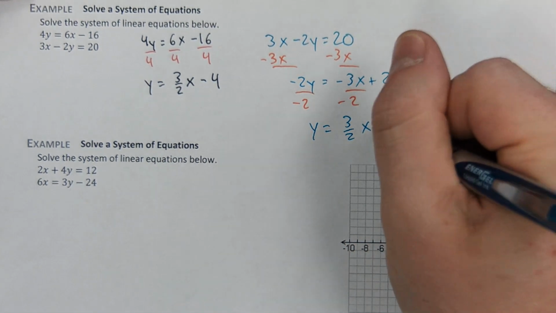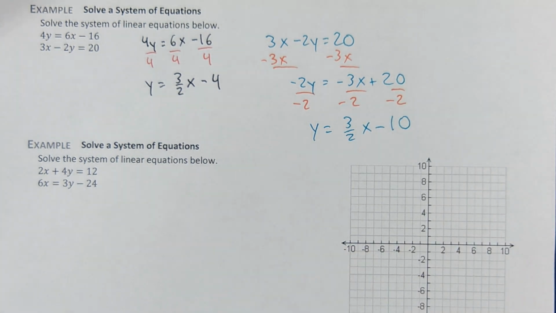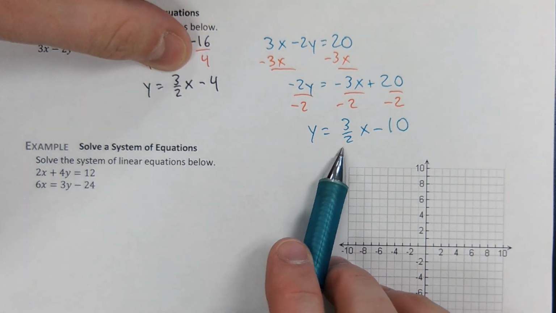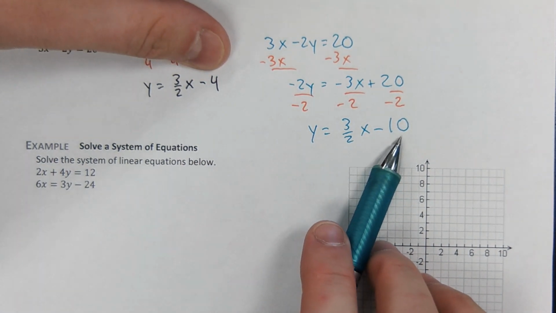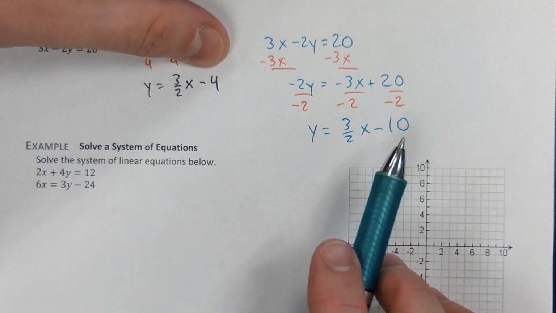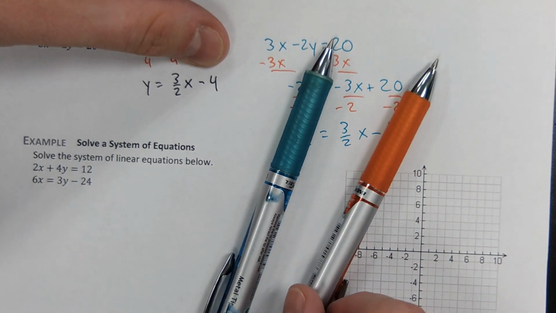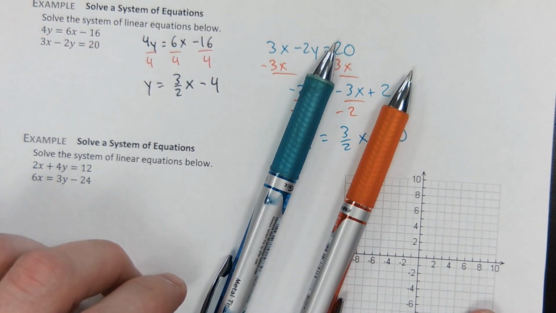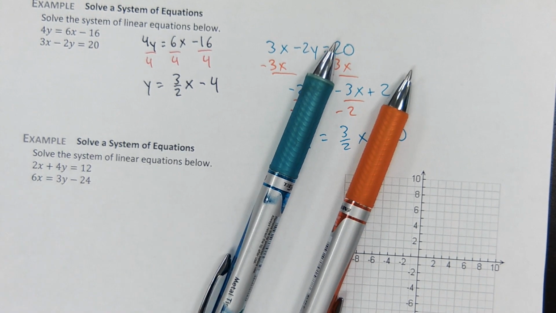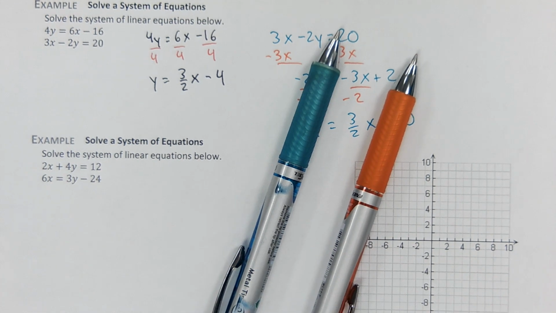And 20 divided by -2 is -10. And there is absolutely no reason to graph these 2 things because same slope, but different y-intercepts. Same slope and different y-intercepts guarantee that these lines look something like this setup. They're parallel lines. So there are no solutions.